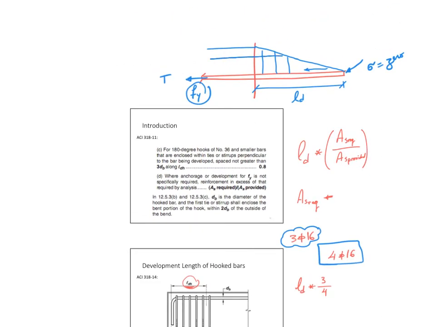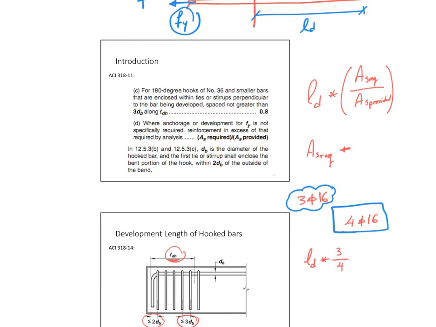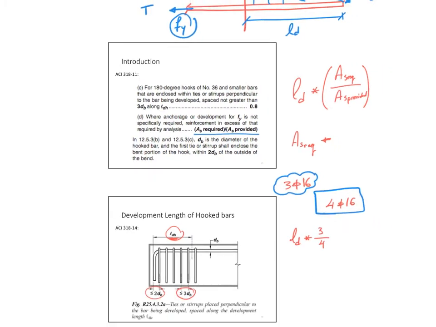So in case you provided extra reinforcement than the required, you can reduce your LD by the ratio of AS required divided by AS provided. That means the provided is bigger, so this will be a factor that reduces your LD. Maybe 80%, 90%, give or take. Makes sense?